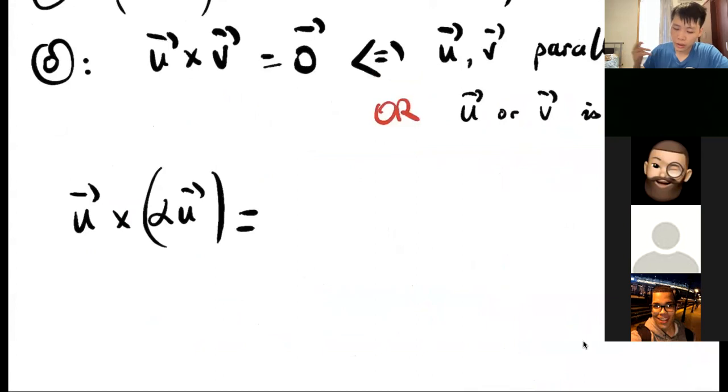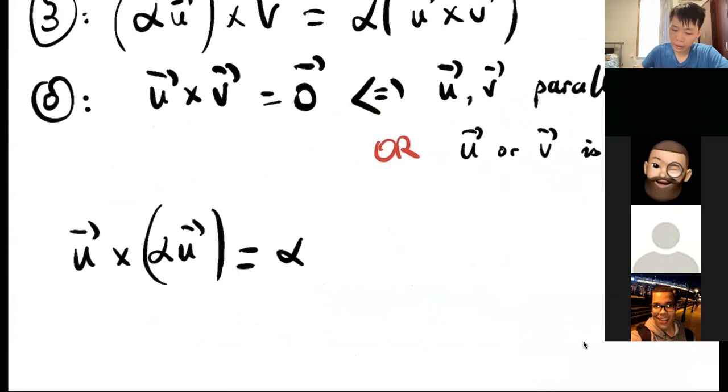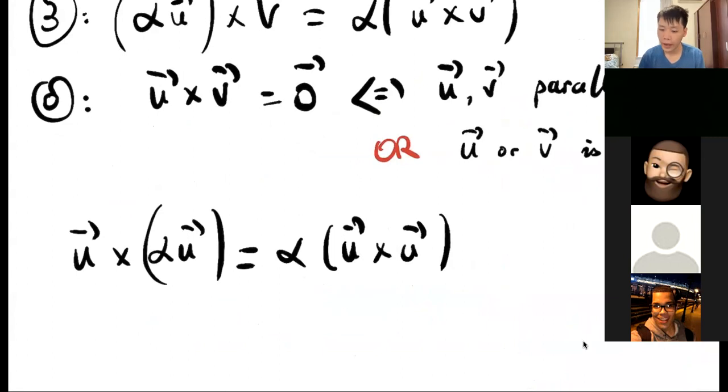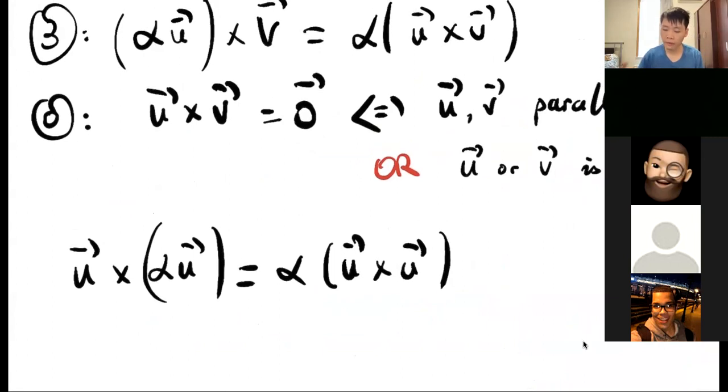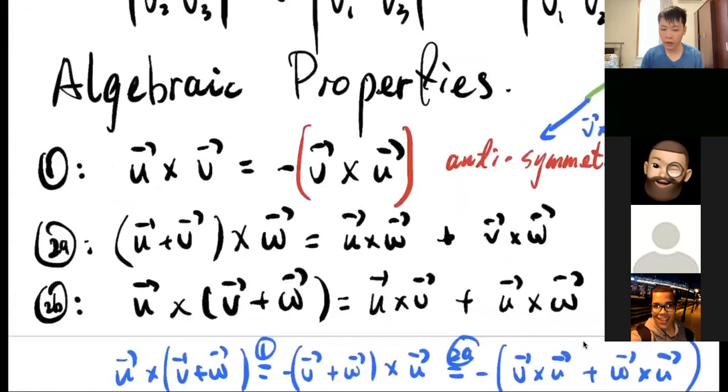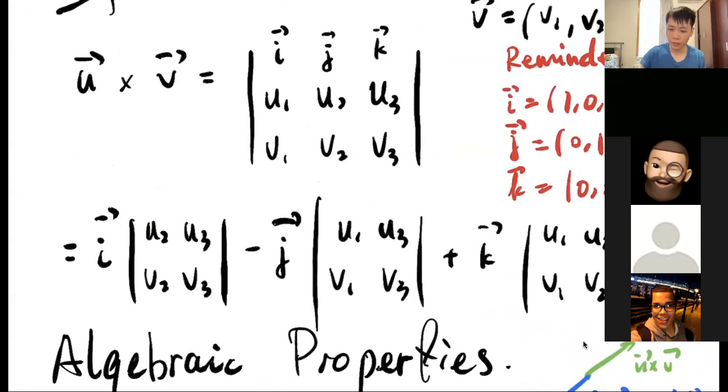All right. So by rule number 3, you can pull out the alpha, right? So now you have a cross product of two vectors by itself. And you can see that when you have a cross product of a vector with itself, the end result is 0. When the two vectors are the same, that means v1, v2, v3 are actually u1, u2, u3.